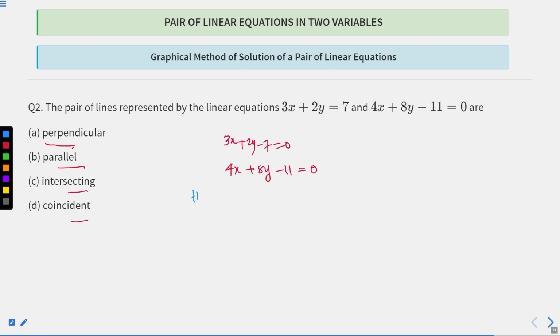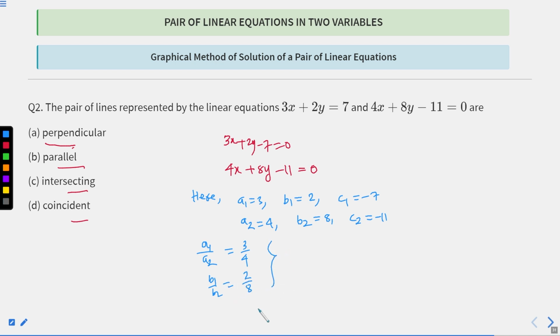So here a1 is equal to 3, b1 is equal to 2, c1 is equal to minus 7, and a2 is equal to 4, b2 is equal to 8, and c2 is equal to minus 11. Now the ratio a1 by a2 is equal to 3 by 4, and b1 by b2 is equal to 2 by 8.